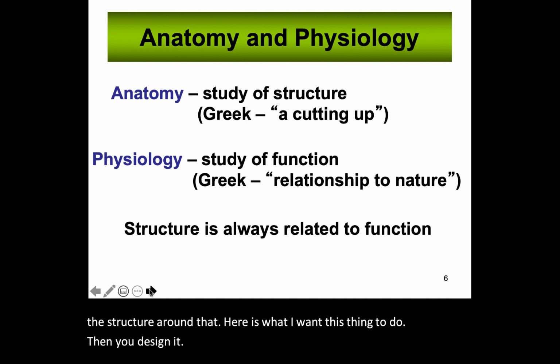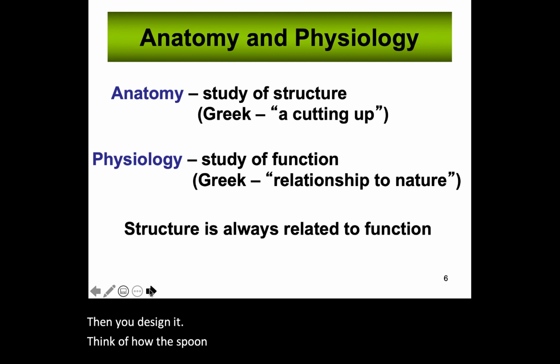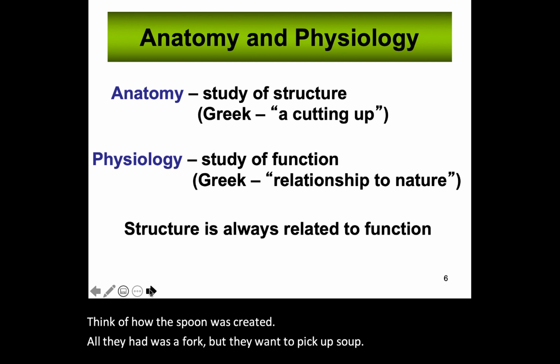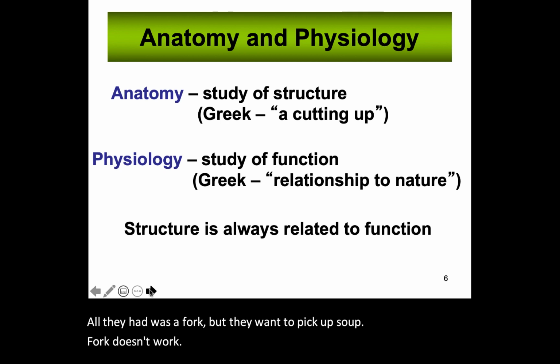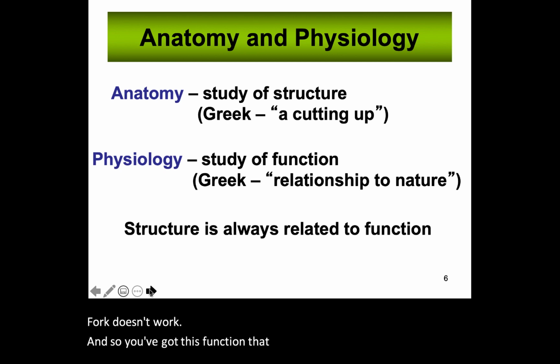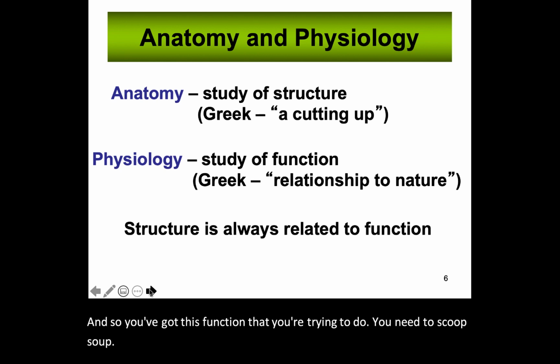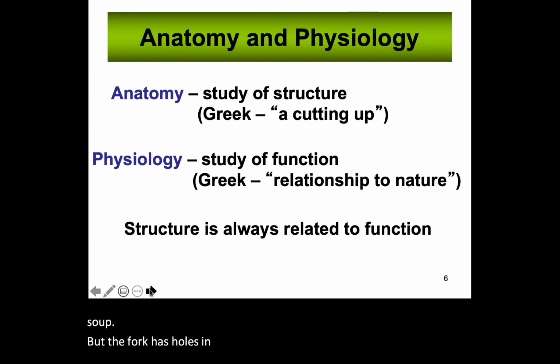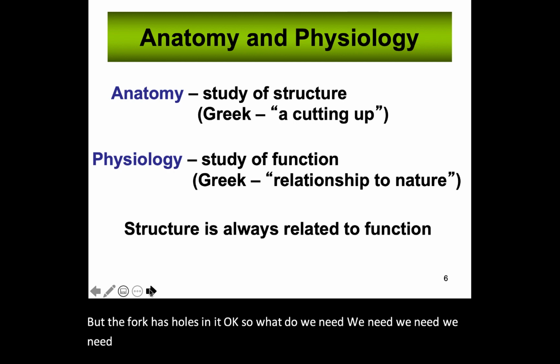Think of how the spoon was created. All they had was a fork, but they want to pick up soup. Fork doesn't work. And so you've got this function that you're trying to do. You need to scoop soup. But the fork has holes in it. Okay, so what do we need? We need an oval-shaped thing that has a scooped-out middle that can hold things.